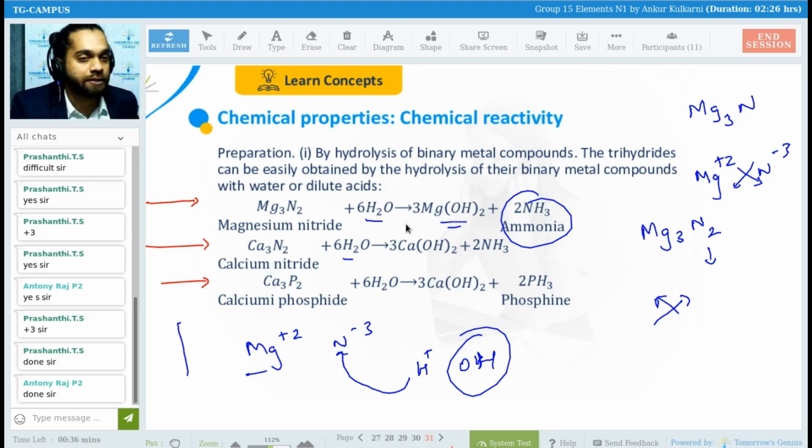Focus in the class. Write it down and say done in the chat box.